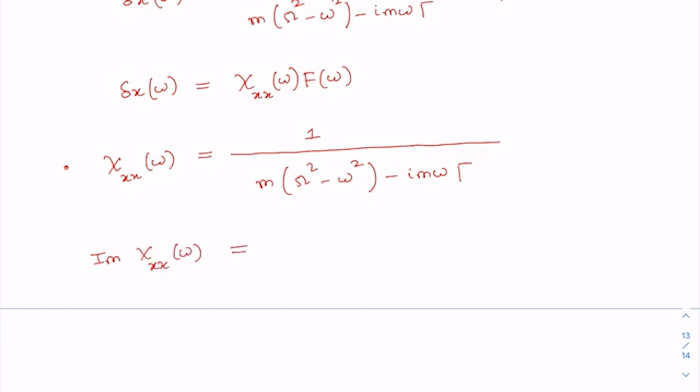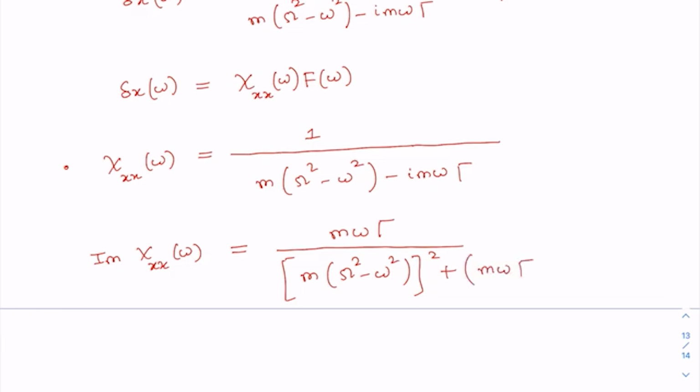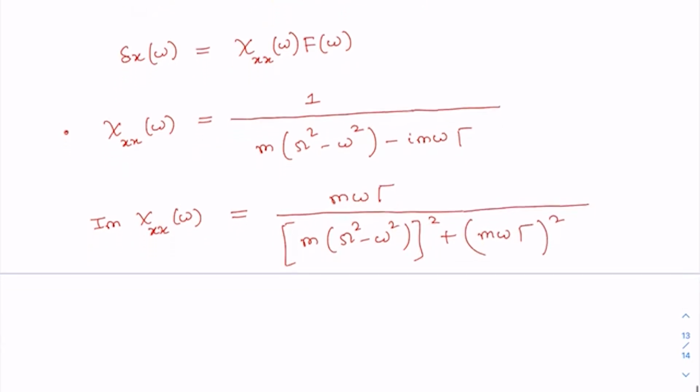If you do the algebra, then the imaginary part of the susceptibility will turn out to be m omega gamma divided by (m(Omega² − omega²))² plus (m omega gamma)². So this is what we have as the imaginary part.